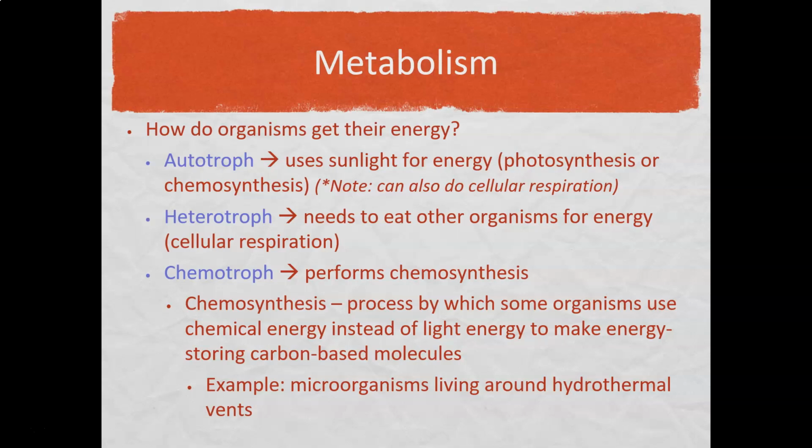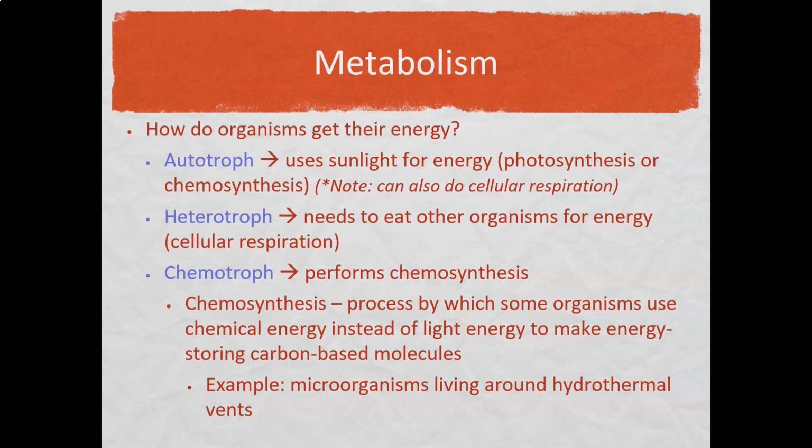So autotrophs contain both chloroplasts and mitochondria and do both photosynthesis or chemosynthesis, depending on the organism, and do cellular respiration as well. So autotrophs really are the ultimate organisms in the sense that they can do it all themselves, right? If we as heterotrophs all kind of died off tomorrow and got wiped off from the face of the planet, the autotrophs would be just fine, right?